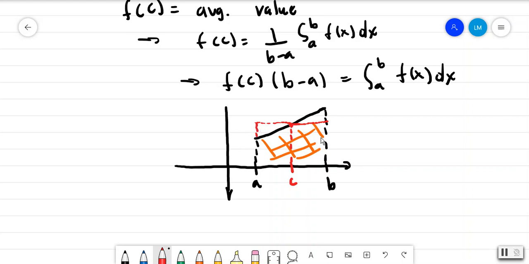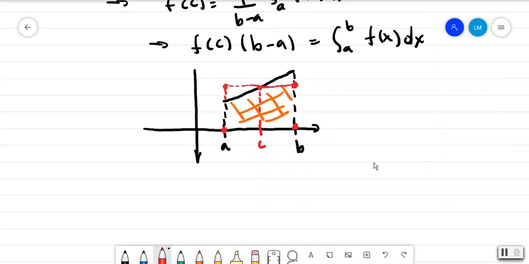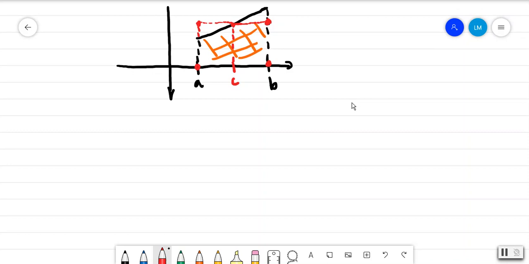So that's actually kind of interesting, that the total area matches when we find the area by doing b minus a, because that's the distance of the base, times the height, which apparently will equal the same thing as the integral. Well, let's actually see how that works.